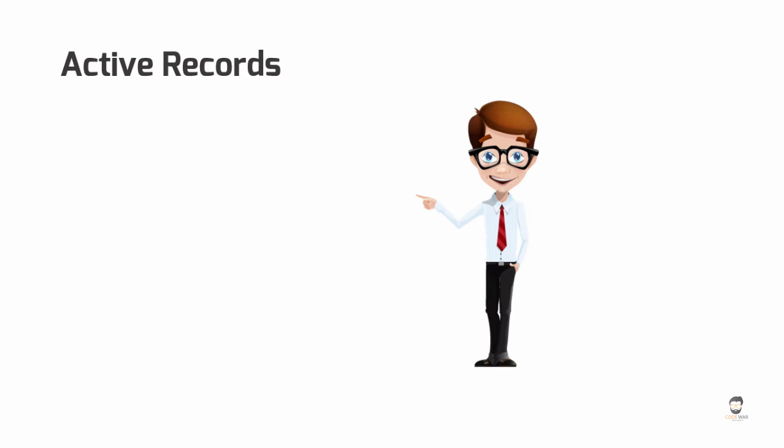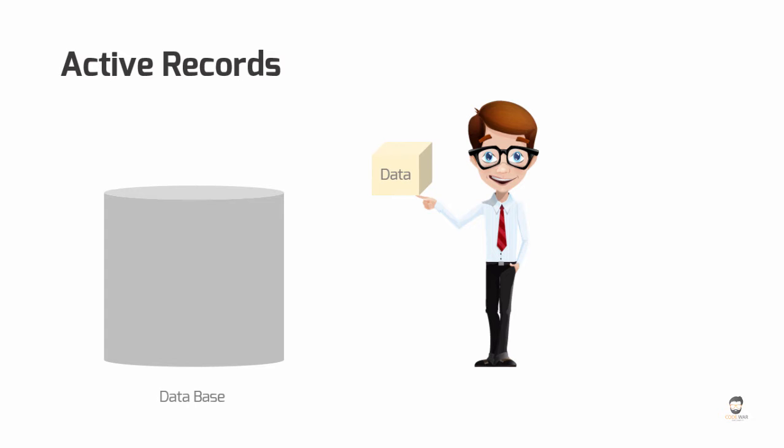For example, if a user wants to store data in the database, he can store it easily. That is taken care of by Active Record. If he wants to retrieve the data from the database, it will retrieve it easily. That is also taken care of by Active Record.